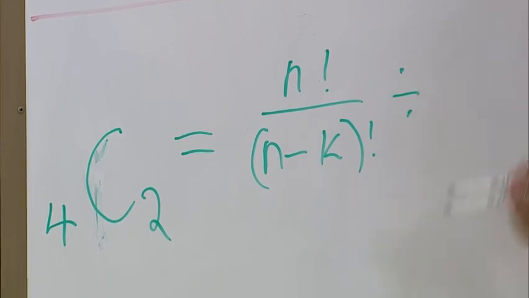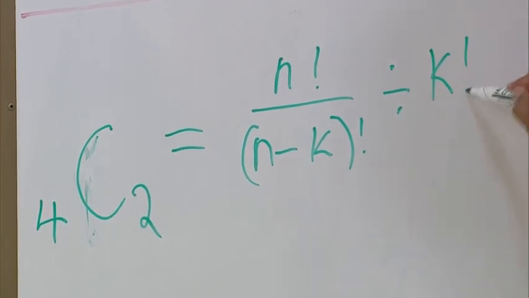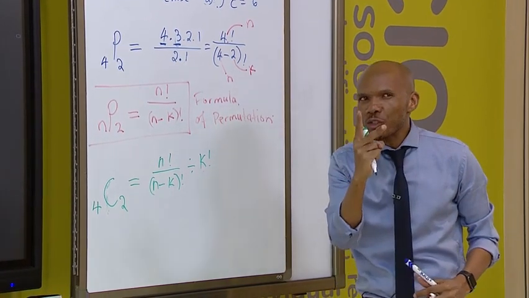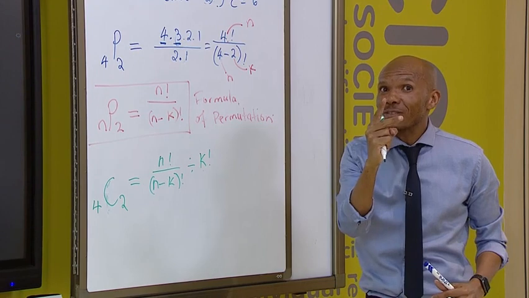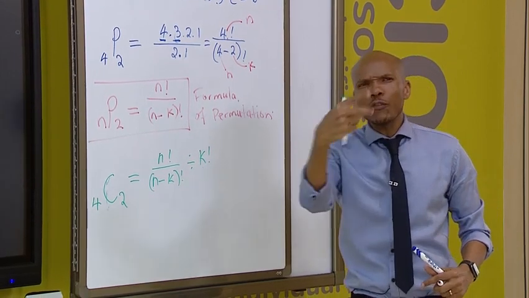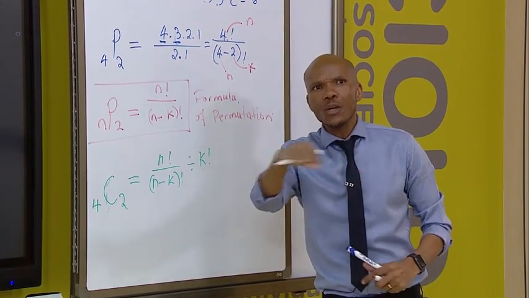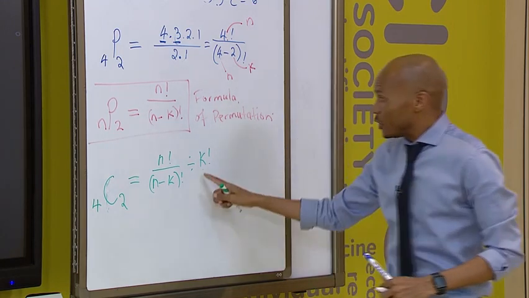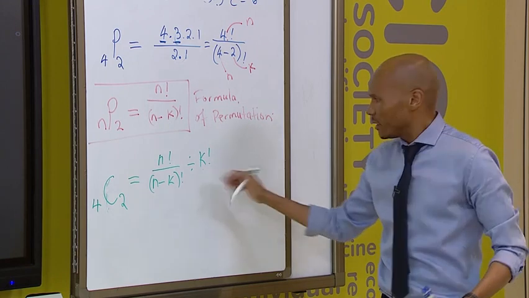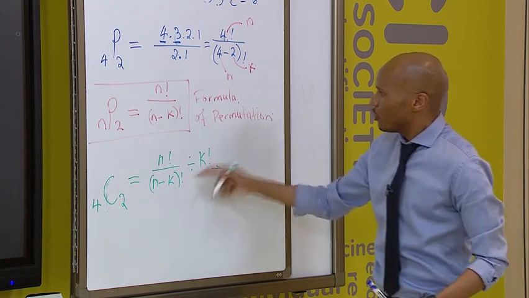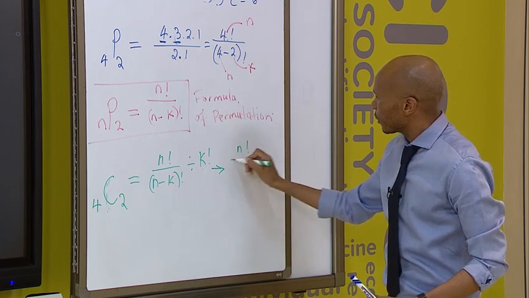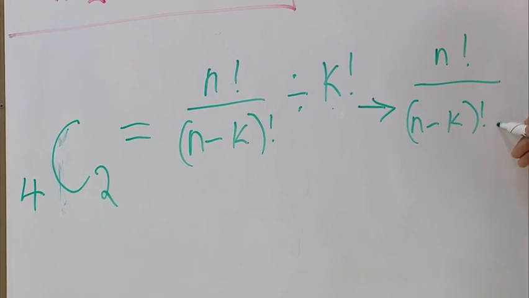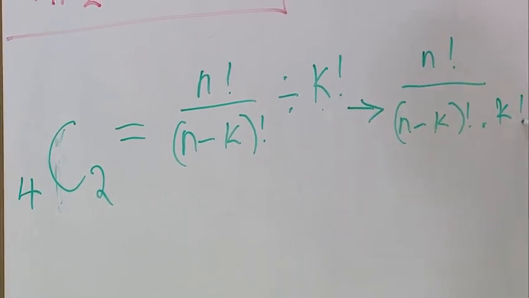But then divided by what? Divided by k factorial. And what was this k factorial? Remember that we chose 2 letters. And out of all the 2 letters, we took out the repeating ones. So that means we divided all the ones that were repeating. So therefore, that would be n factorial divided by n minus k factorial and then multiplied by k factorial.